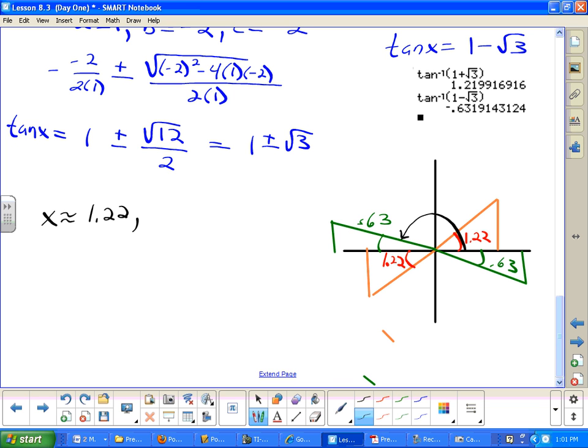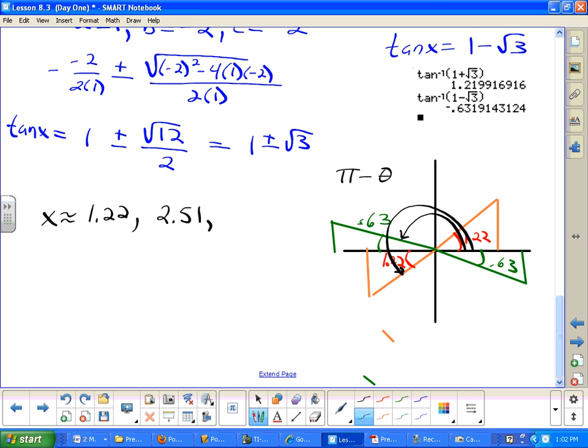We would do pi minus that angle, 0.63. So what's 3.14 minus 0.63? 2.51. Okay? All right, so then the one in the third quadrant then, we have to do what?